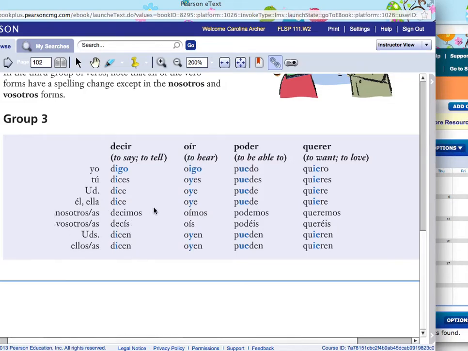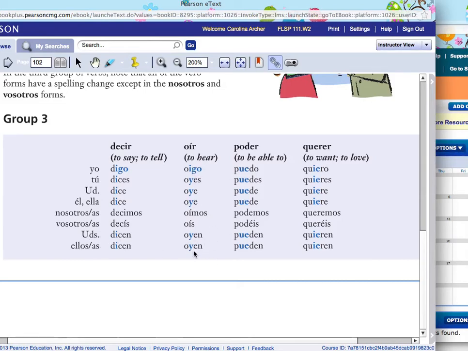Oír is the same as decir. Digo, oigo. And then the I here in the root changes into a Y. Tú oyes, usted oye, él, ella oye. Nosotros and vosotros conjugate in a regular form. Ustedes, ellos y ellas oyen.